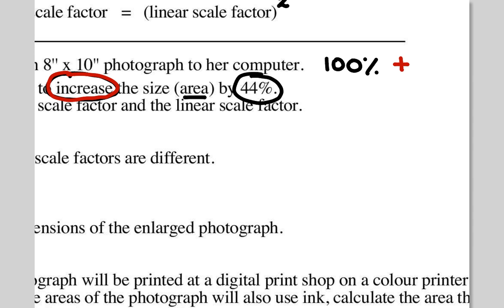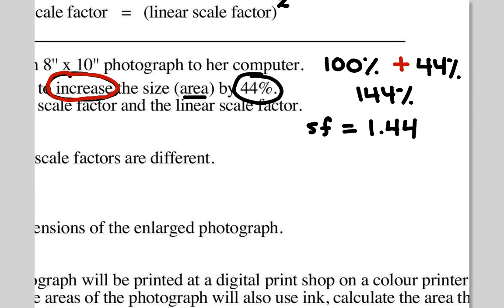And then the 44% goes here for 144%, which is what decimal? 1.44. Is 1.44 greater than 1? That would be an enlargement, which is what she wants to do. So that is your scale factor, 1.44.